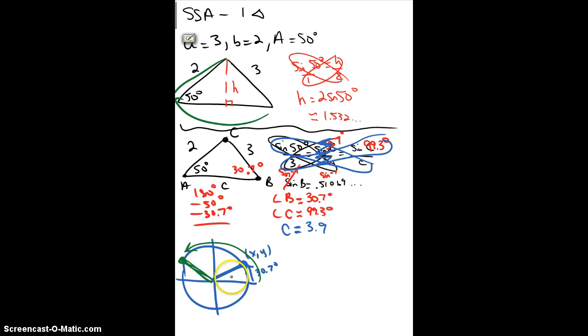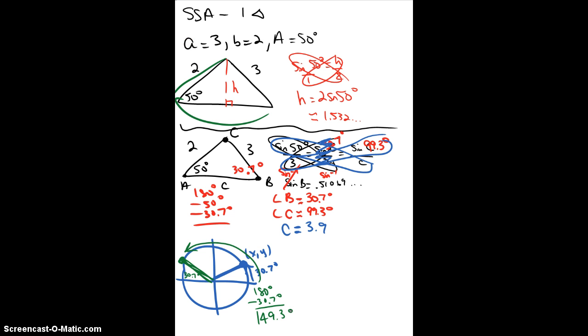Well, again, these are mirror images, so this is 30.7 in there. So if I take 180 minus that 30.7, I can get that other angle. So 180 minus my 30.7 is what? 149.3.